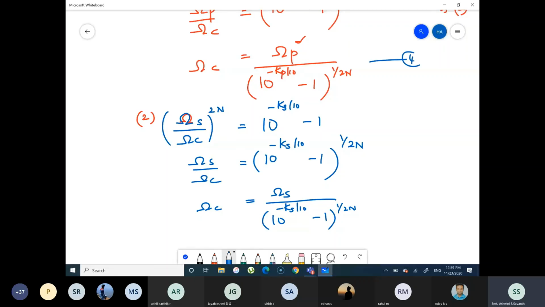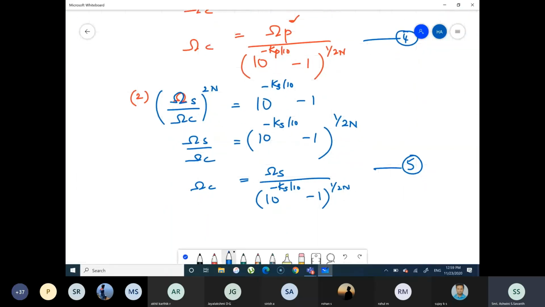Call this equation 4 and this 5. The third option will be to take the average of equations 4 and 5.